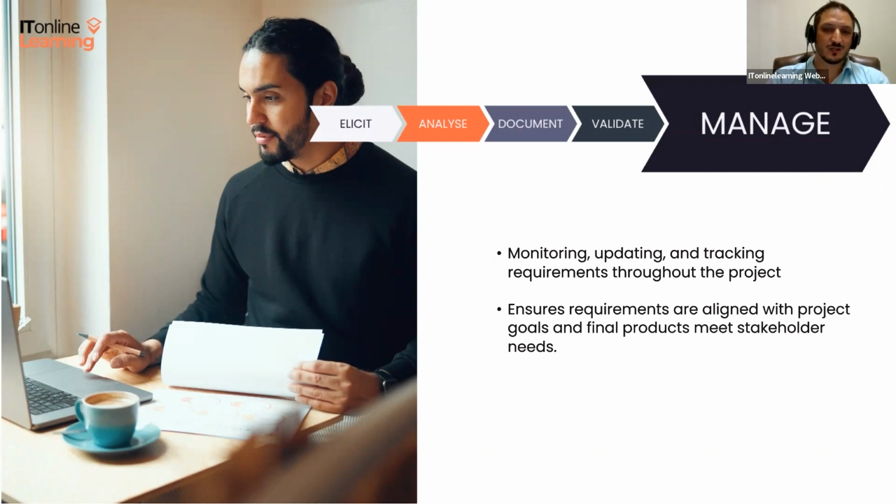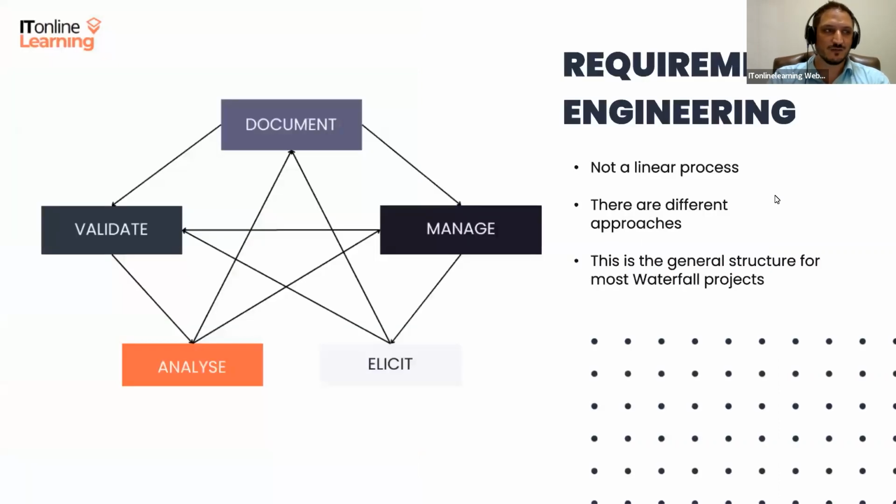And throughout this whole process, we also need to manage the requirements. So it is not a 5-stage process and then the requirements engineering process ends. It is more of an iterative or disjointed format, as you can see in this slide, where it's going between all of the different phases or stages, jumping from one to the other.